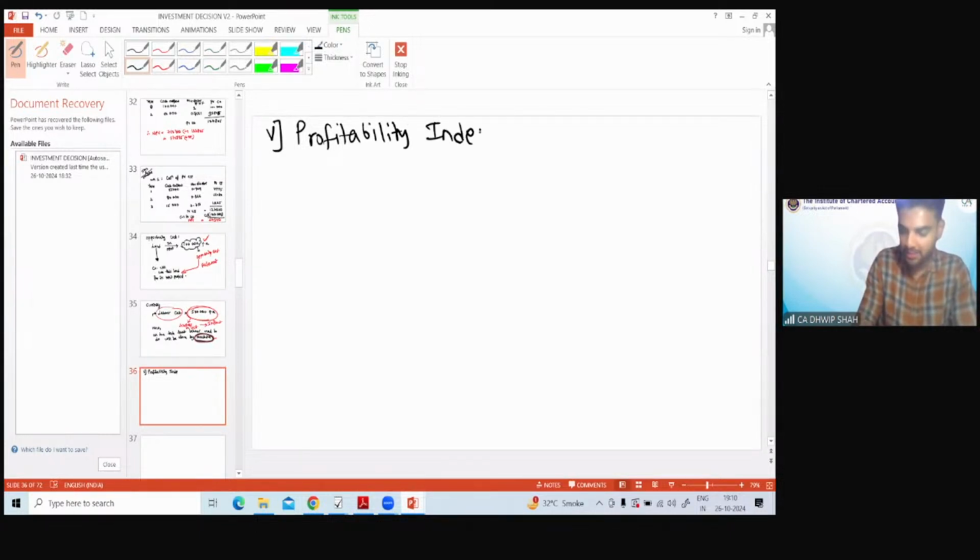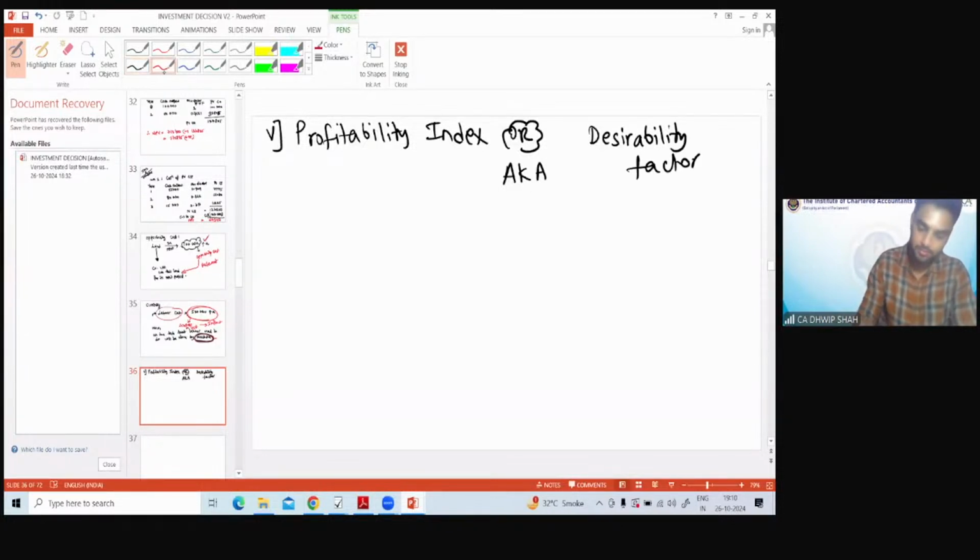Profitability index, or the other name, this technique is also known as desirability factor. Profitability index is denoted by PI.